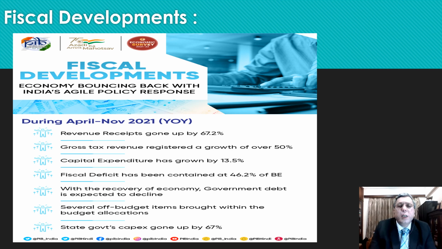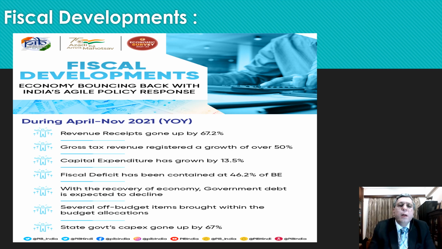What are the fiscal developments? Economy bouncing back with India's agile policy response. That's the word the government has been using, that we have been very agile. Whichever segment, whichever sector has needed benefits, we have run to provide that in a very agile format.